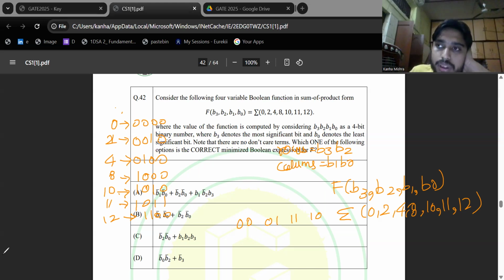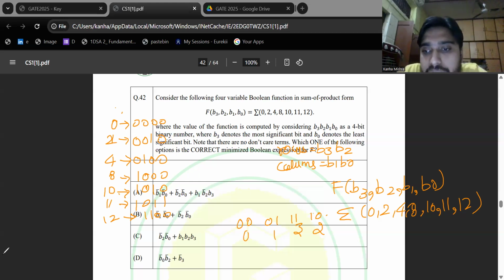If you don't, basically in gray code ordering we start with 0, then 1, then reflect. So in integer format this is 0, this is 1, this is 3, and this is 2.